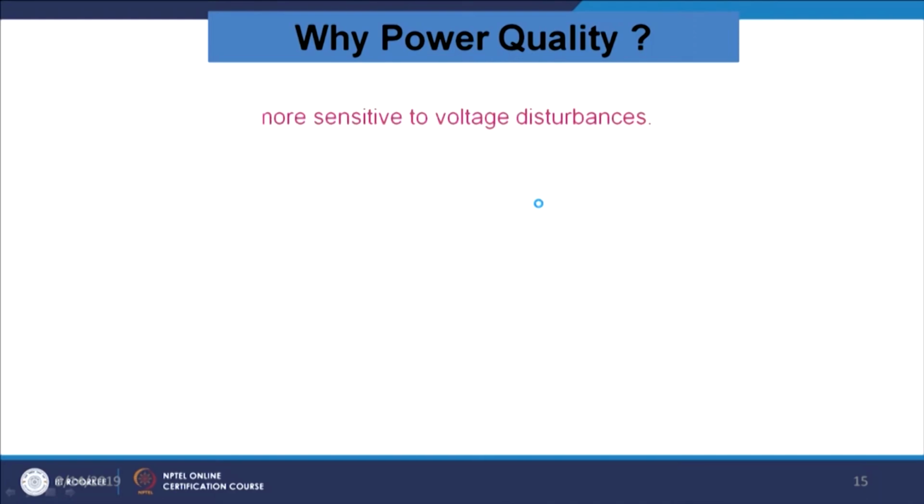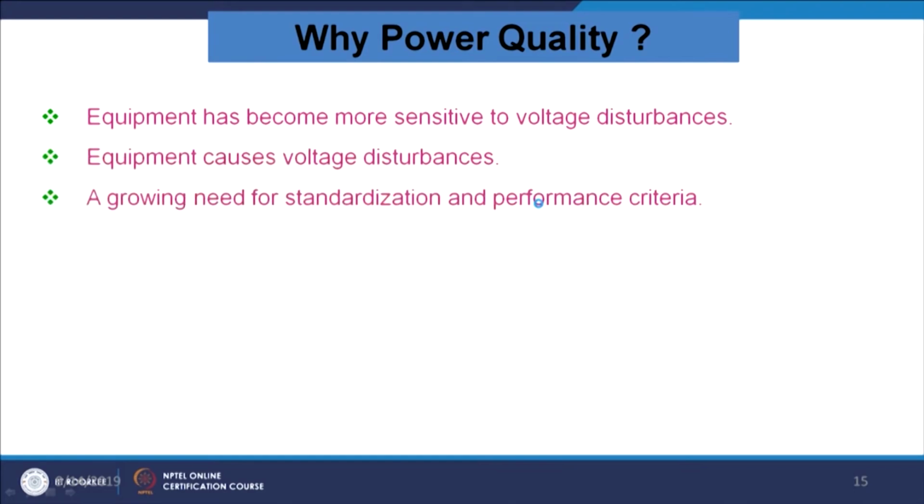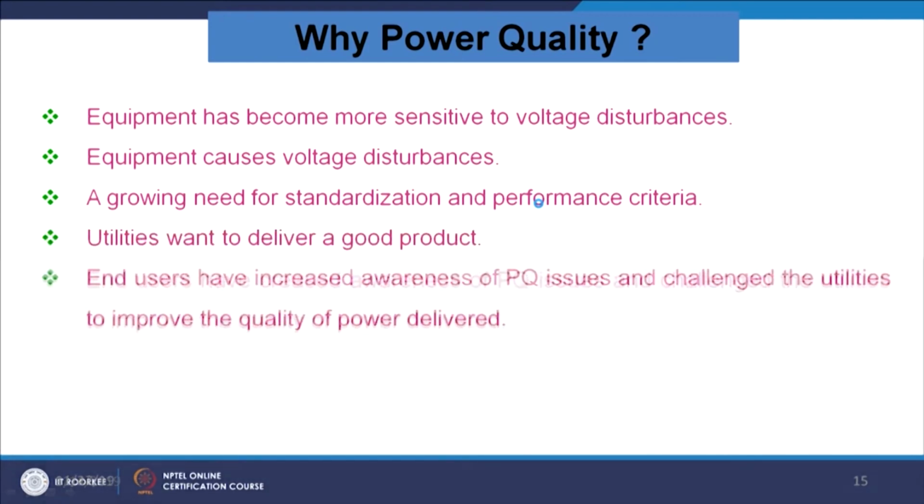So, what is power quality? Let us define again. We have already discussed it. Equipment has become more sensitive to voltage disturbance. Equipment also causes voltage disturbance, so there is a growing need for standardization and performance criteria. Utilities want to deliver a good product.